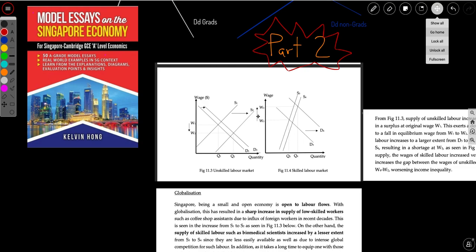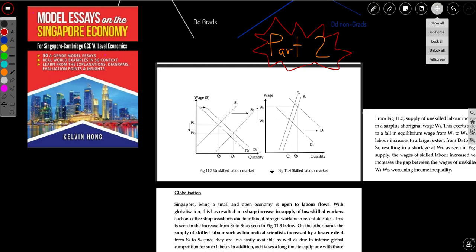I'm borrowing answers that I already have in my book on model essays on the Singapore economy. As you can see, the diagrams are not labeled exactly as in the context we started off with in part 1, but it is convenient to use these answers.